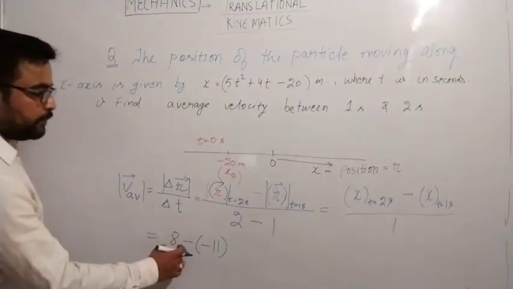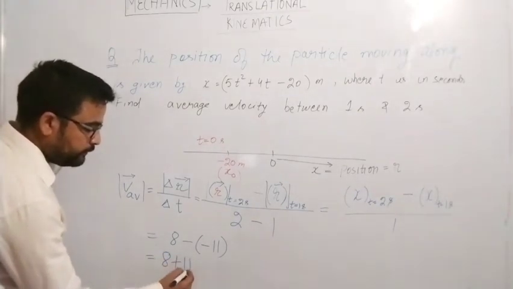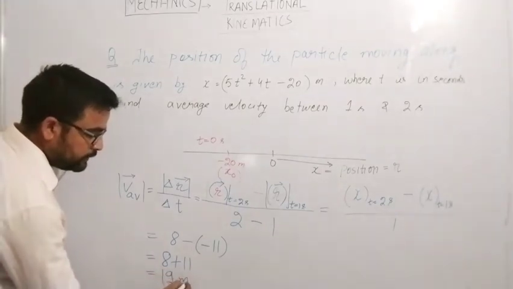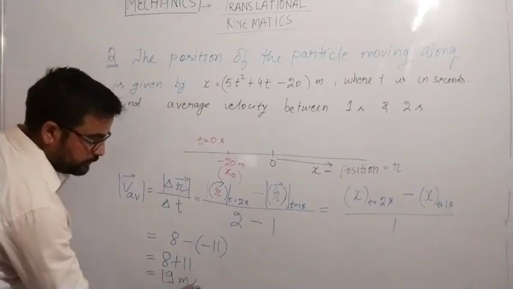So 8 minus, that will add up and give you 19 meter. Sorry, 19 meter per second.